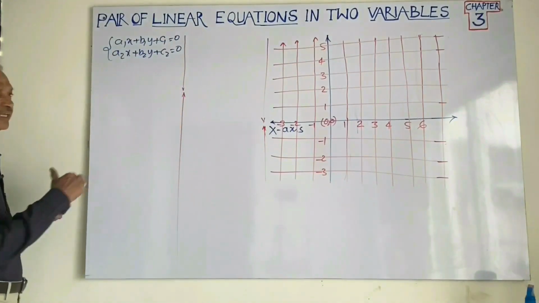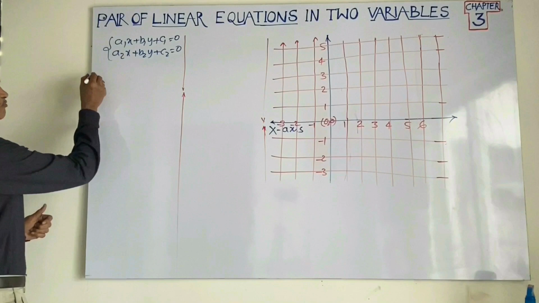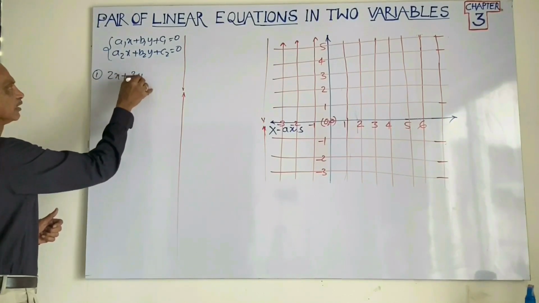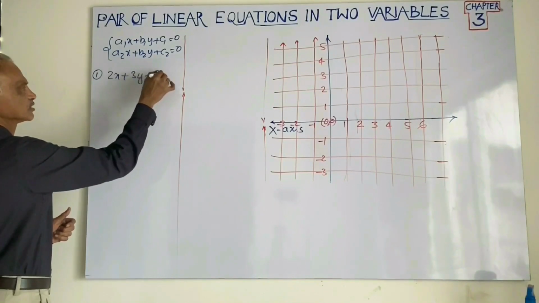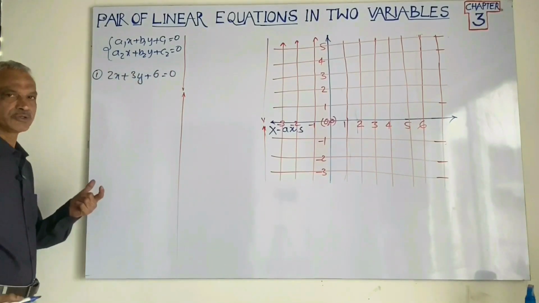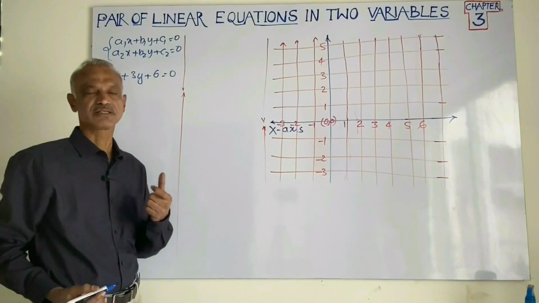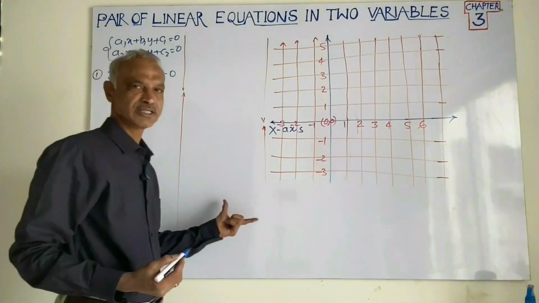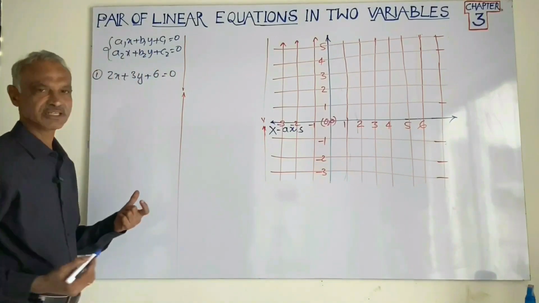Now I will take one example. First example I will take 2x plus 3y plus 6 is equal to 0. You observe carefully examples. I am taking 3 examples so that you can understand what is pair of linear equations.